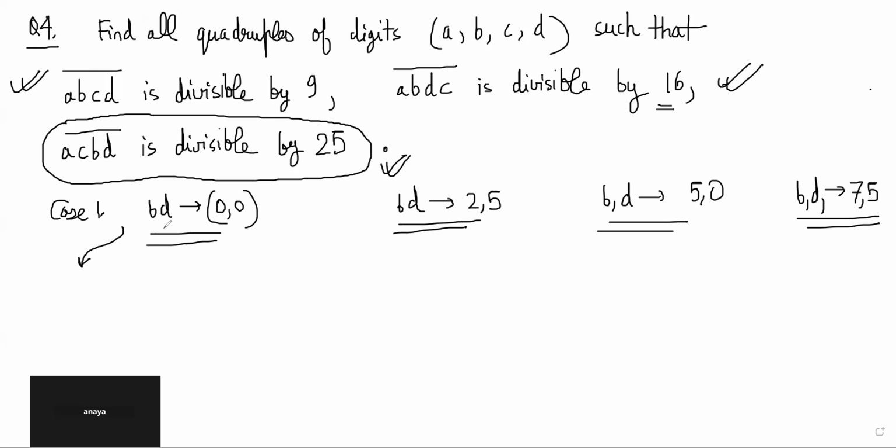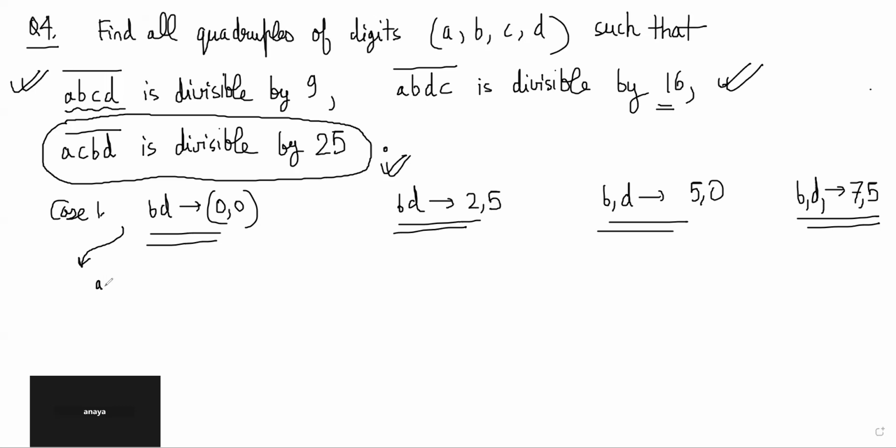Now think, if BD is 00, then how can we make this divisible by 16, for example, and also this divisible by 9? So just put 00 for BD there.